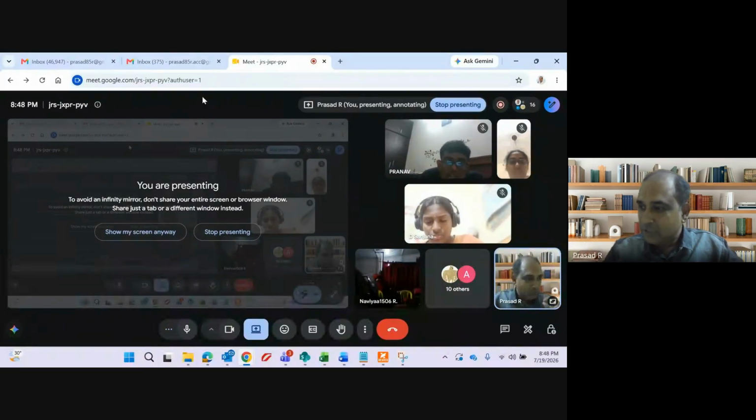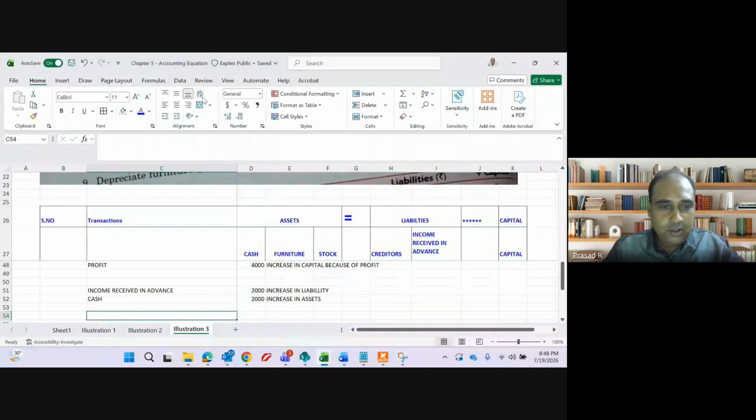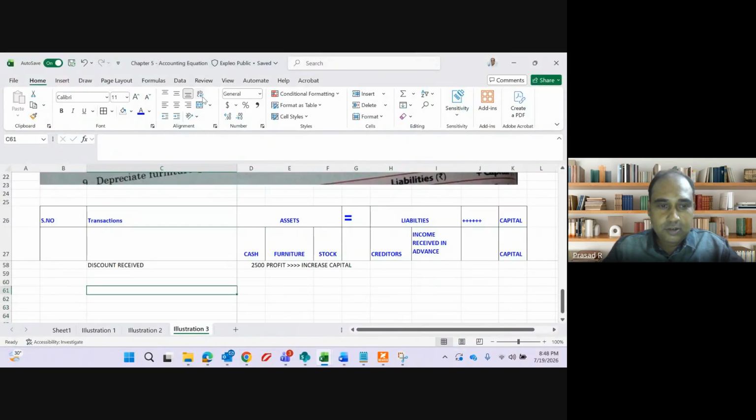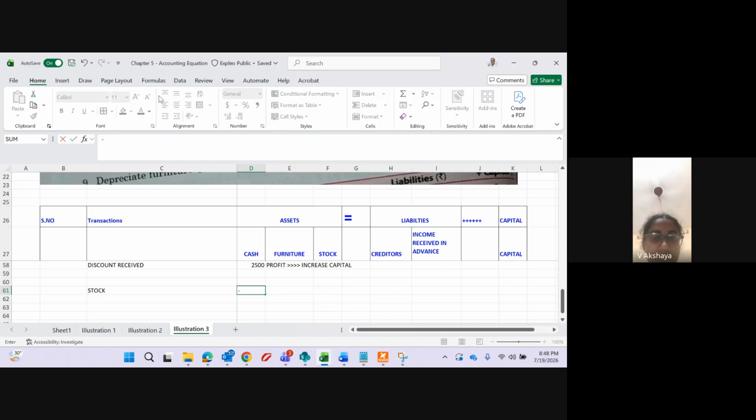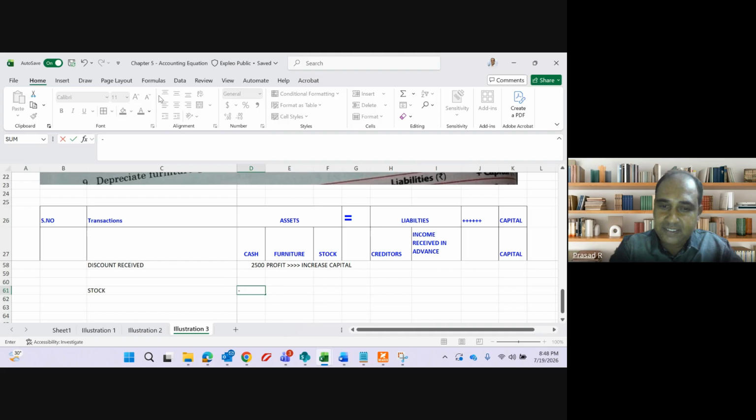Clear? First question. Sold goods costing 15,000. So what is the cost of goods which I am selling? 15,000. So my stock will increase or decrease?